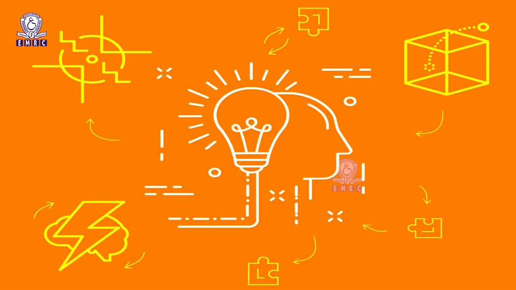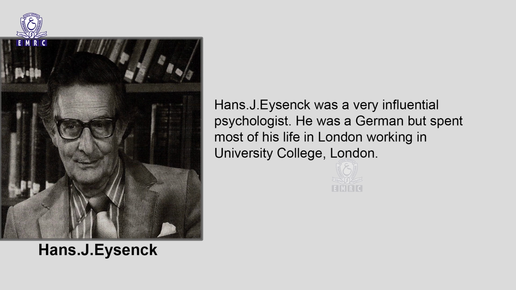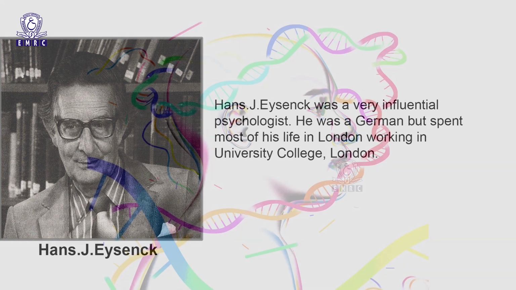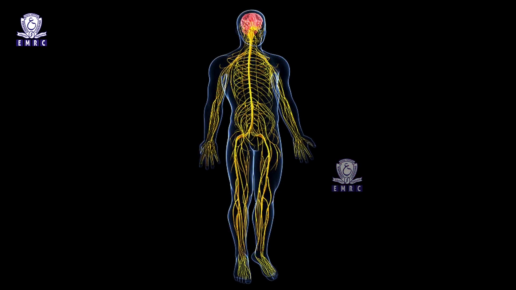After understanding the limitations of these theories, Eysenck came up with his own theory, which is known as the trait-cum-type approach. Hans J. Eysenck was a very influential psychologist. He was a German but spent most of his life in London, working in University College London. His theory is based on biological factors. He emphasized the importance of how the nervous system affects the ability to learn and then to adapt.